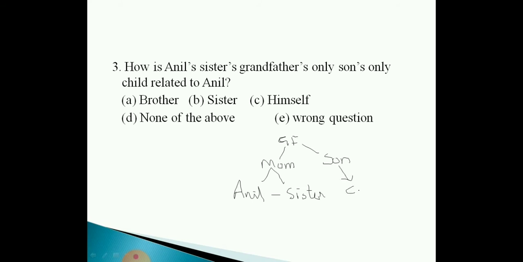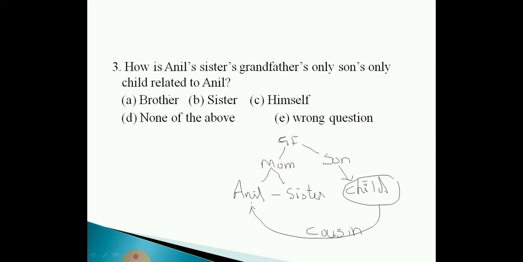So Anil's sister's grandfather, that is mother's father, has only one son and only one daughter. Our daughter is Anil and his sister's mother. How is that child related to Anil? Anil's mother's brother is the uncle, and the uncle's child is none other than his cousin, right?